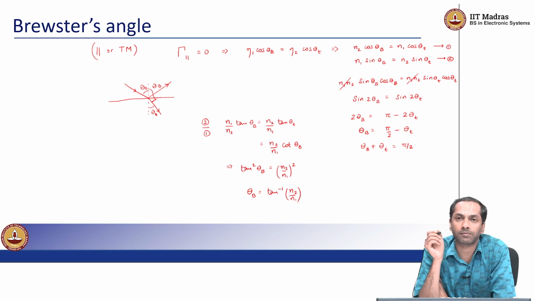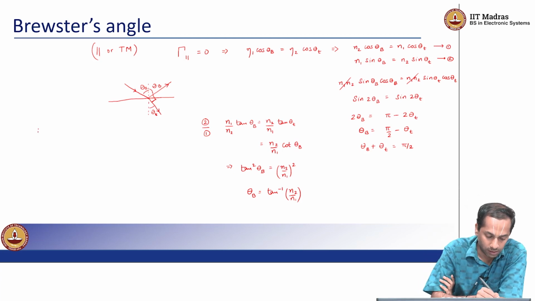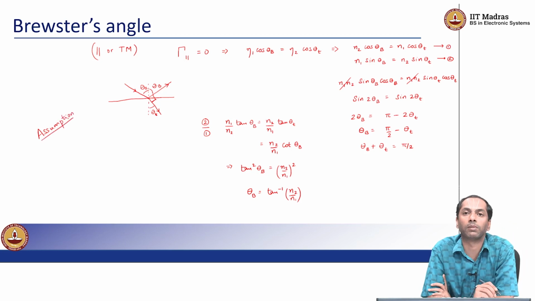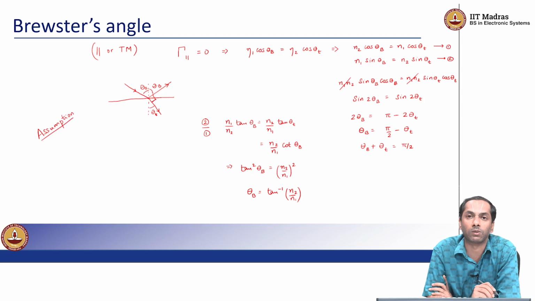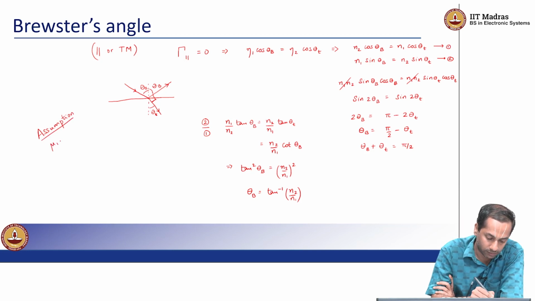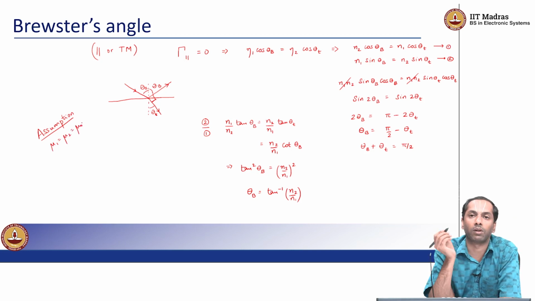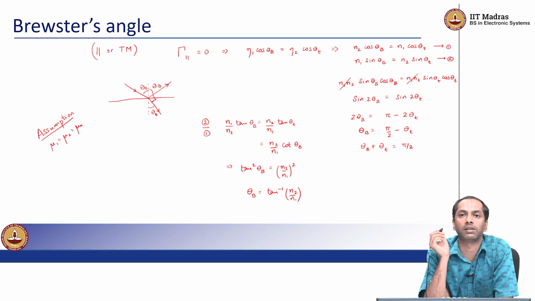Remember that this is the underlying assumption for all of what you are seeing here. Even Snell's law in the form n1 sin theta i is equal to n2 sin theta t is all assuming that we have non-magnetic media.